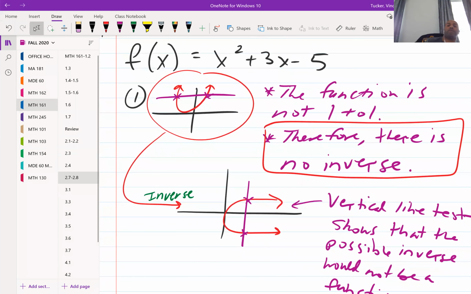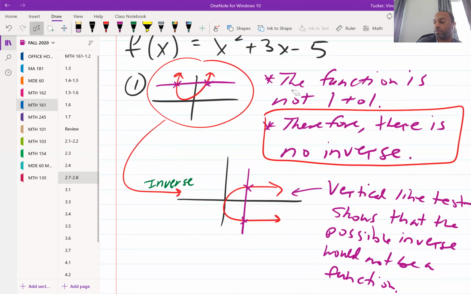Here, I was just emphasizing why there is no inverse when you're talking about how the inverse will be set up for your function. The horizontal line test turns into the vertical line test, and that establishes that your inverse would not be a function. So that's why, if it's not one-to-one, then you don't have an inverse, because whatever is produced out of that will produce something that's not a function. All right.